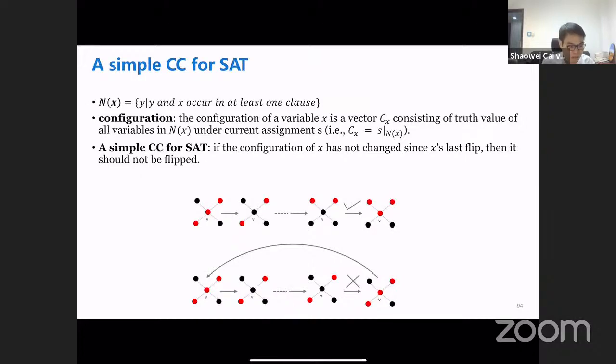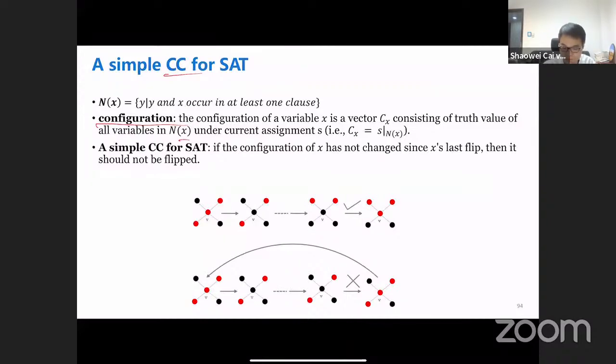So I'm saying that this CC idea, this configuration checking, considers the circumstance information. How do we define the circumstance information? Formally, this is defined as a configuration of the variable. Typically, we can consider the variables that have relations with the current variable.